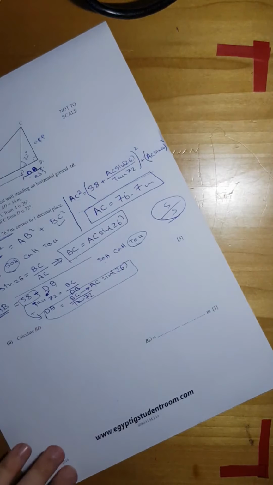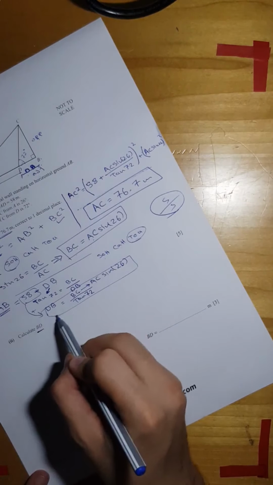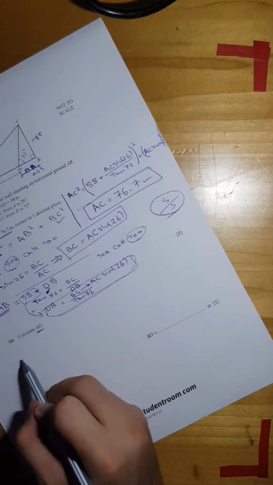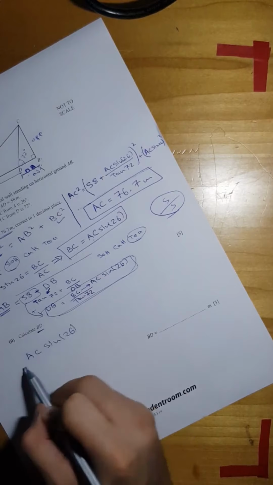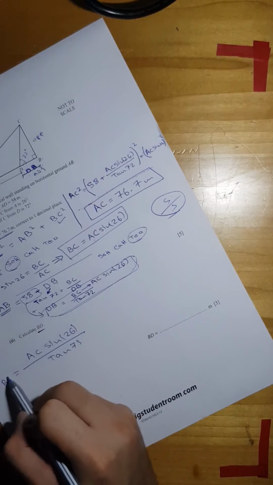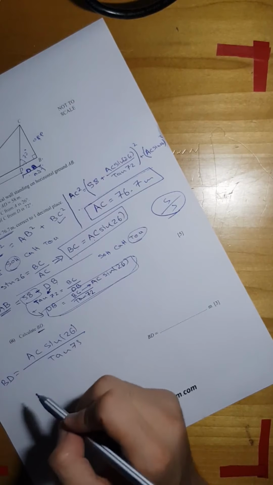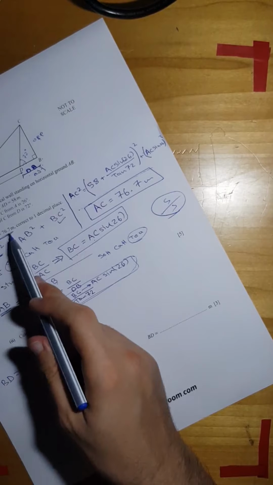Okay, now over here it says calculate BD. We have calculated BD from this part: BD equals AC sine 26 over tan 75. So that's BD. And in the first part, we calculated that AC is equal to 76.7.